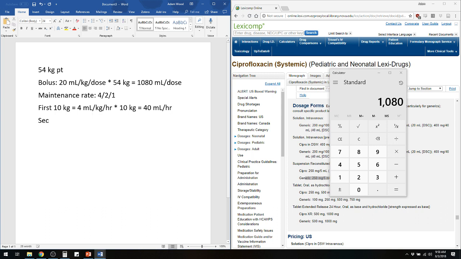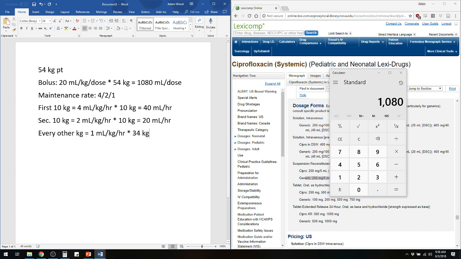For the second 10 kilograms, it's going to be what? 2 mLs per kilo per hour times 10, since this guy weighs 54 kilos, we still have a full 10 we can work with. So that equals 20 mLs per hour, okay? Now, for every other kilogram, it equals 1 mL per kilo per hour. Now at this point, what do we multiply by? 34, because this is what we have left over.